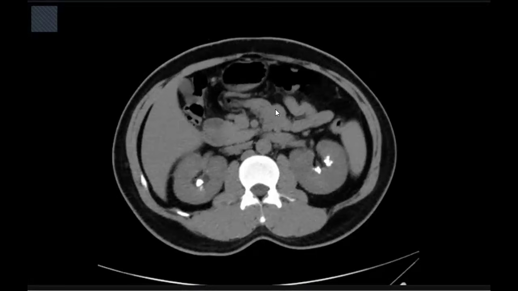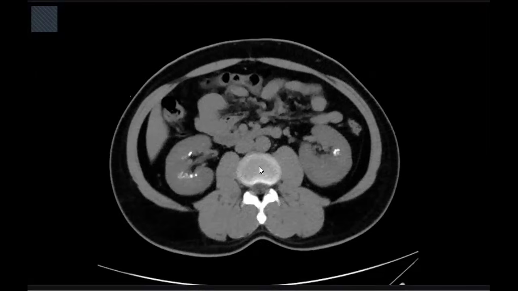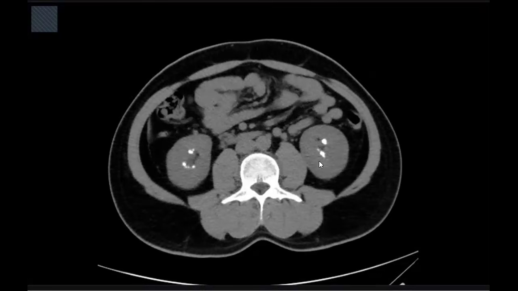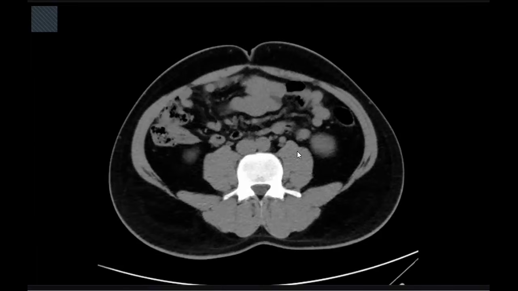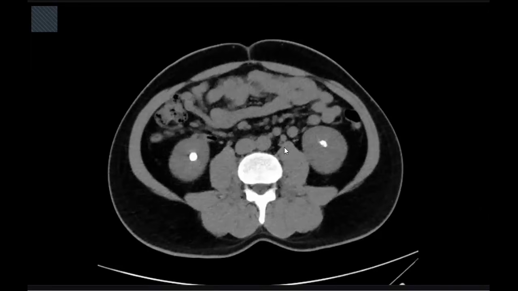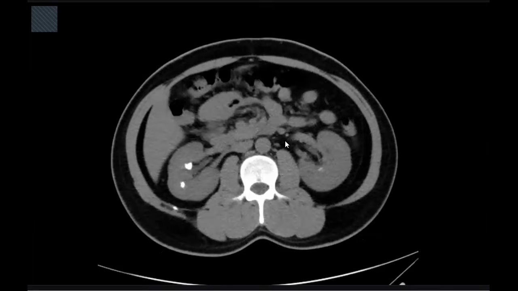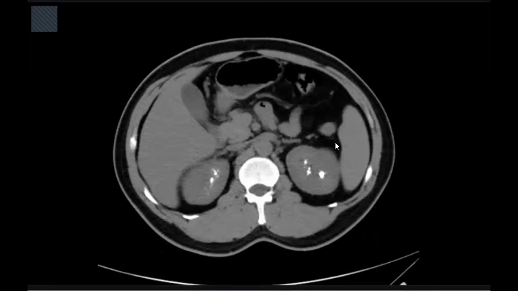In bilateral kidneys, I can appreciate that there are multiple calculi noted in the area of the renal medulla, so I'm suspecting that this likely represents medullary nephrocalcinosis. The differentials include medullary sponge kidney, renal tubular acidosis, and hyperparathyroidism.